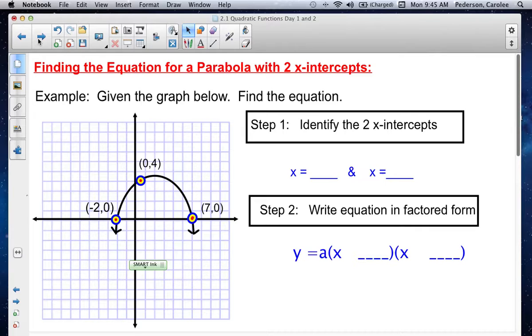So step 1 is to identify what the two x-intercepts are. So what are the two x-intercepts? -2 and 7.